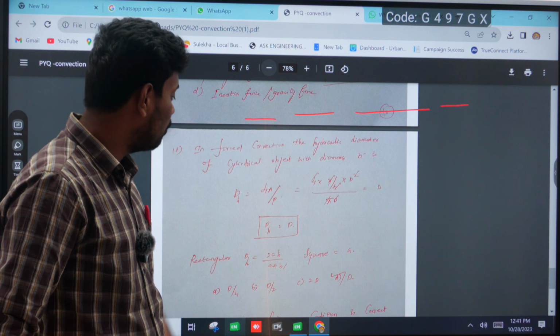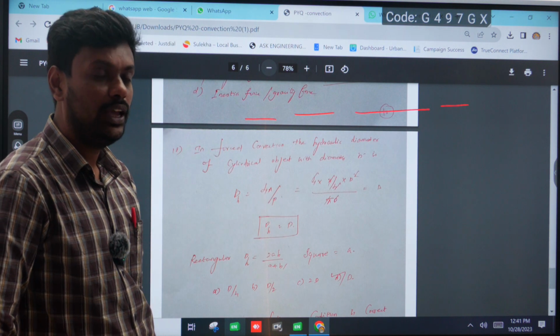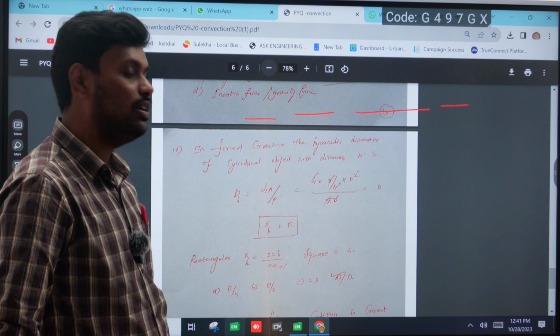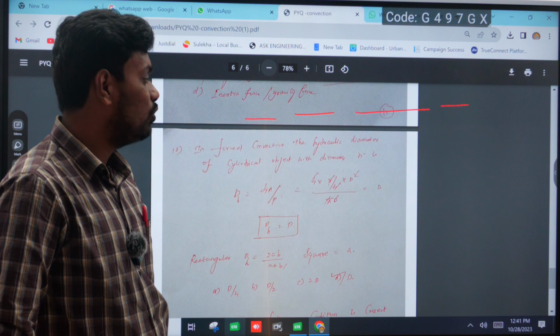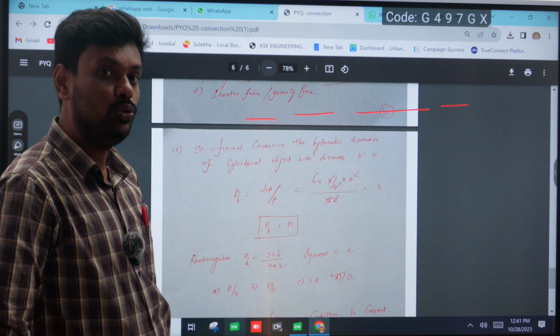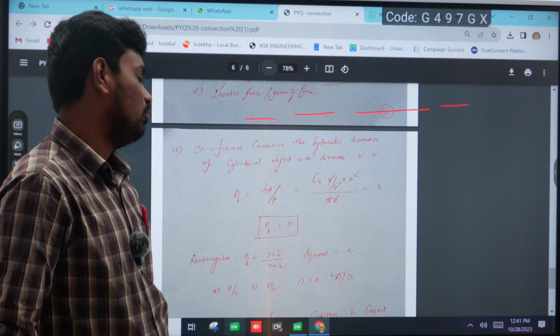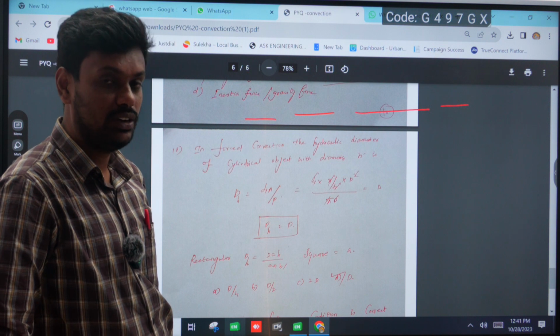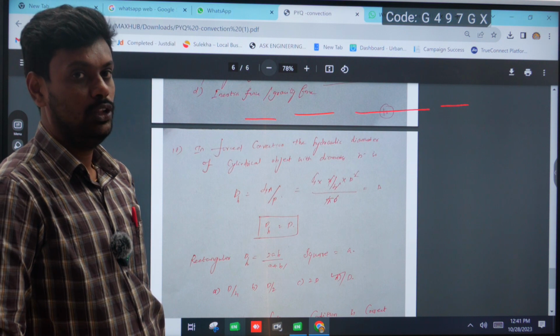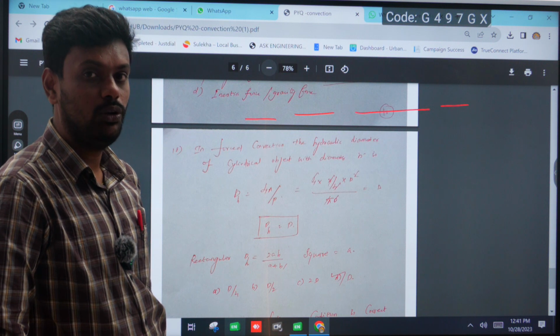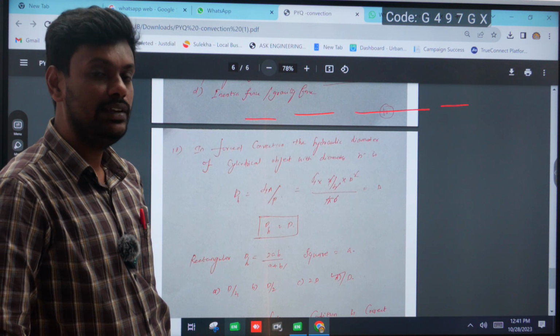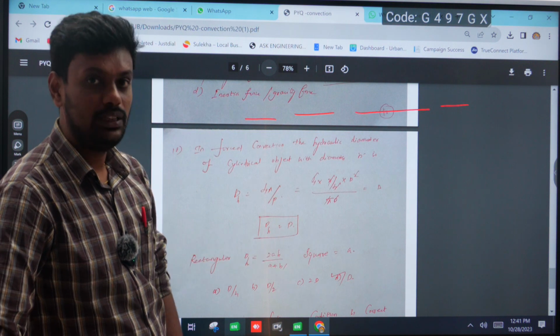The hydraulic diameter formula is 4A by P. For a cylinder, area is pi by 4 d square and perimeter is pi d. If you cancel that, you will get the value d. So this is for cylinder. In forced convection numerical problems, you have to find the hydraulic diameter value, and for a cylinder Dh is equal to d, right?